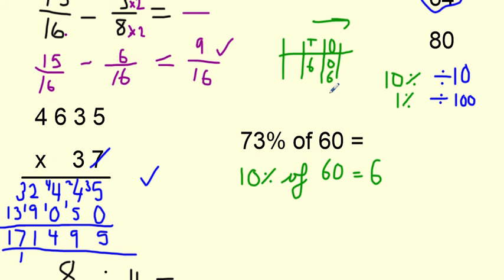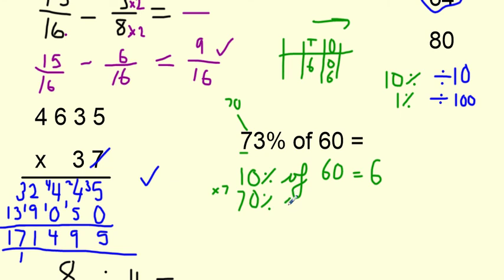We've got 6. Okay, so I found 10%, but I actually want 70%. We know this 7 here represents 70. So how could I use this knowledge to help me? Well, I know that if I was to times 10% by 7, I would get 70%.